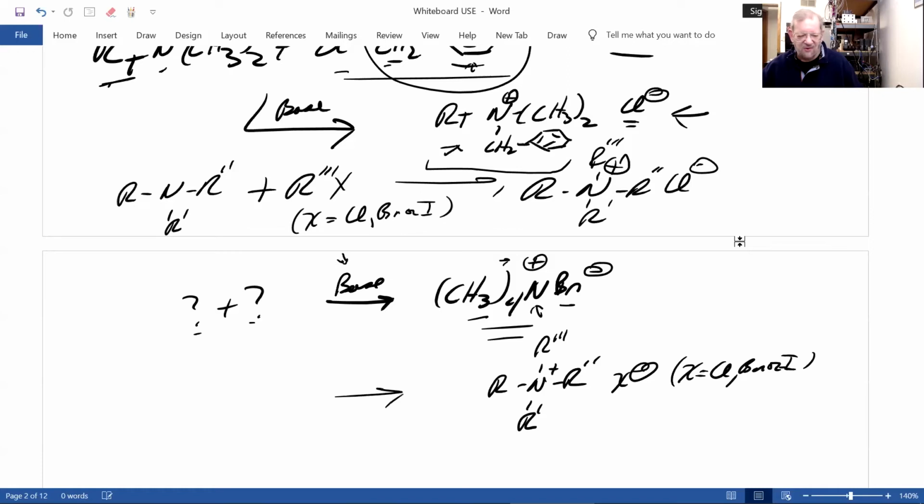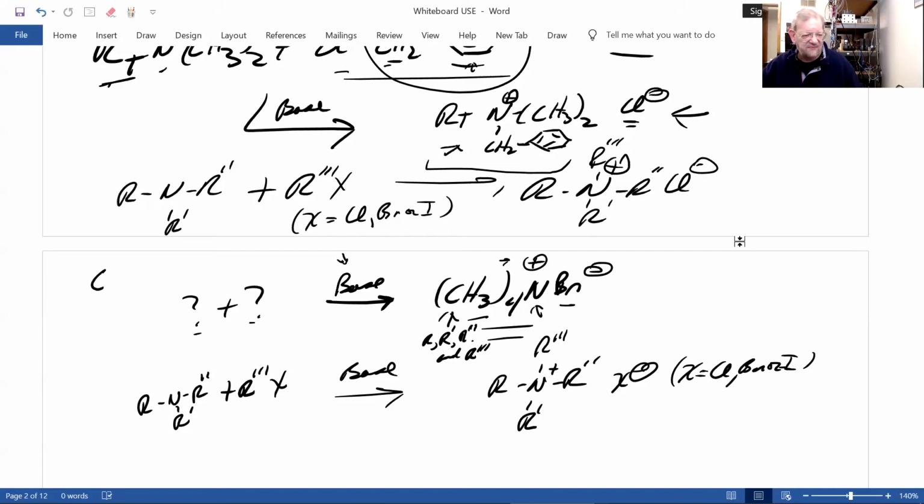And how do you make a quaternary ammonium salt? You take a tertiary amine and react it with an alkyl halide. And therefore, oh, they're all the same. So R prime, R double prime, and R triple prime are methyl.